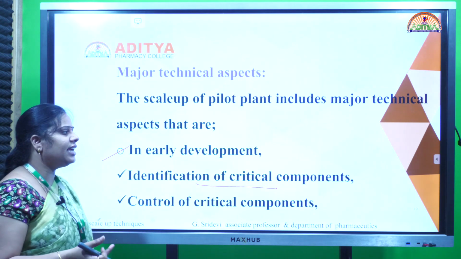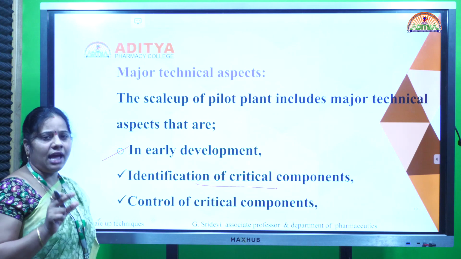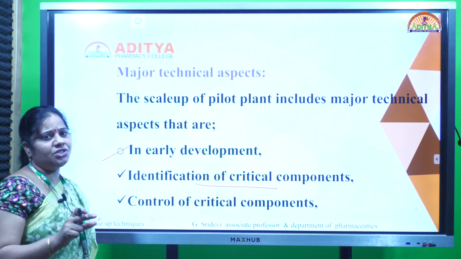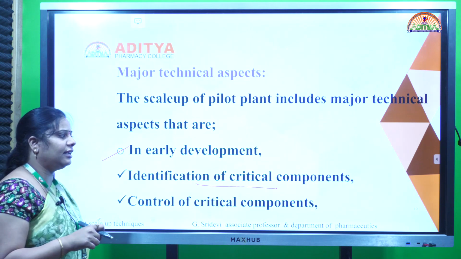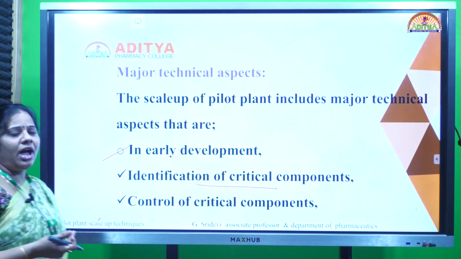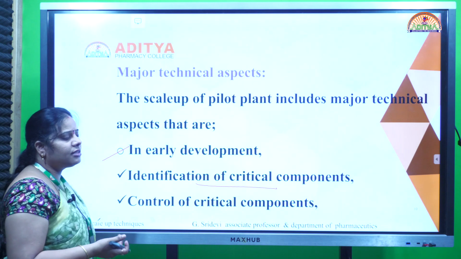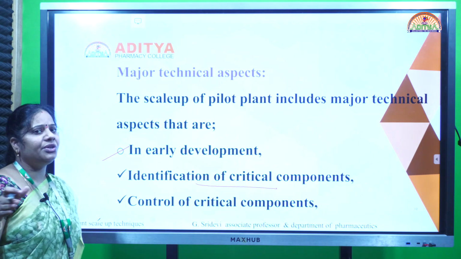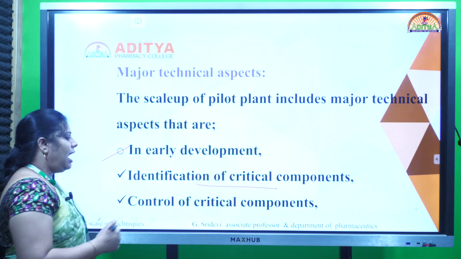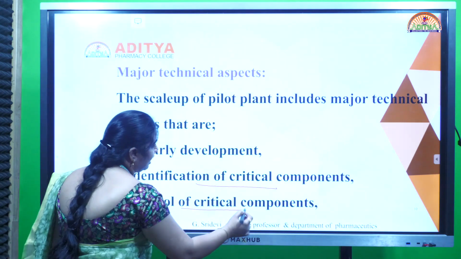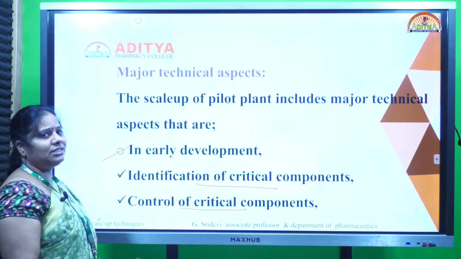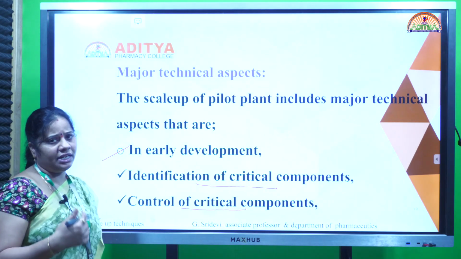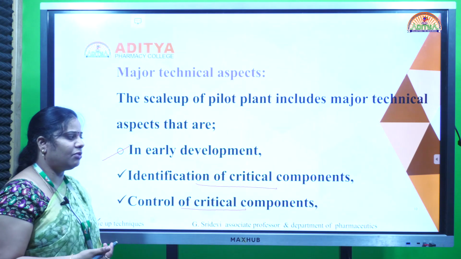How much viscosity they have to use, they have to take according to the concentration of the excipient they select. So like this they identify the critical components, and thereby they can rectify the problems that were arising during the manufacturing process. And next one, control of the critical components. What I said now is that viscosity is the main problem they found. So how do they rectify that viscosity problem?